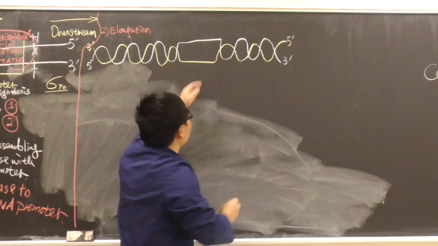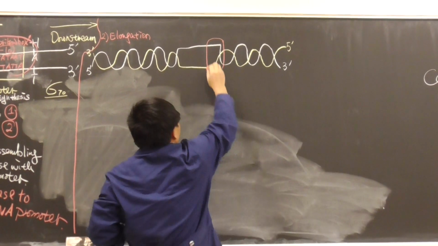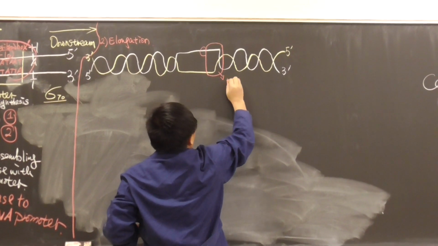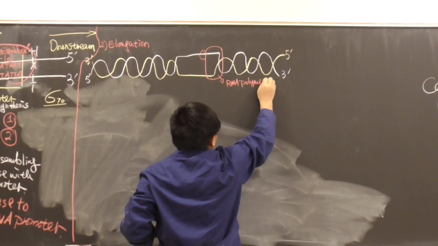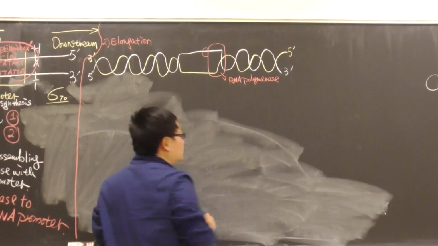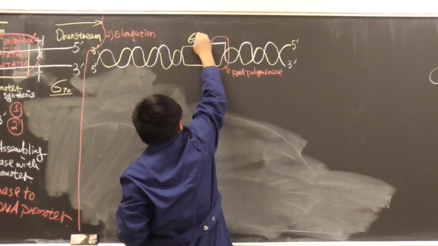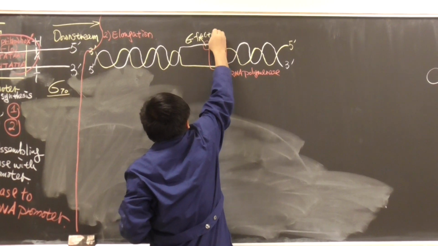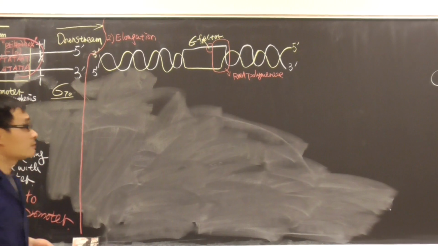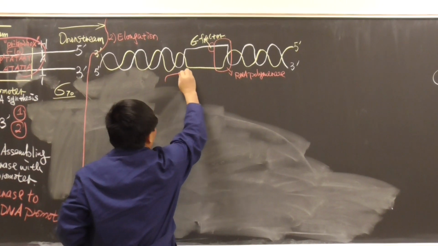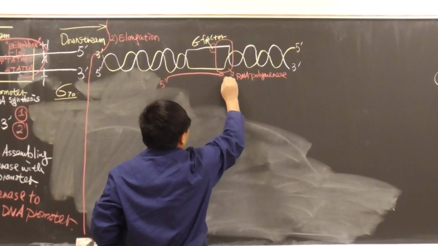Okay, what's going to happen here? They separated. They need an RNA polymerase to recognize the promoter, and they need help. It is sigma factor. Where is the RNA going to come out? So RNA will come out this way, 5' to 3'.